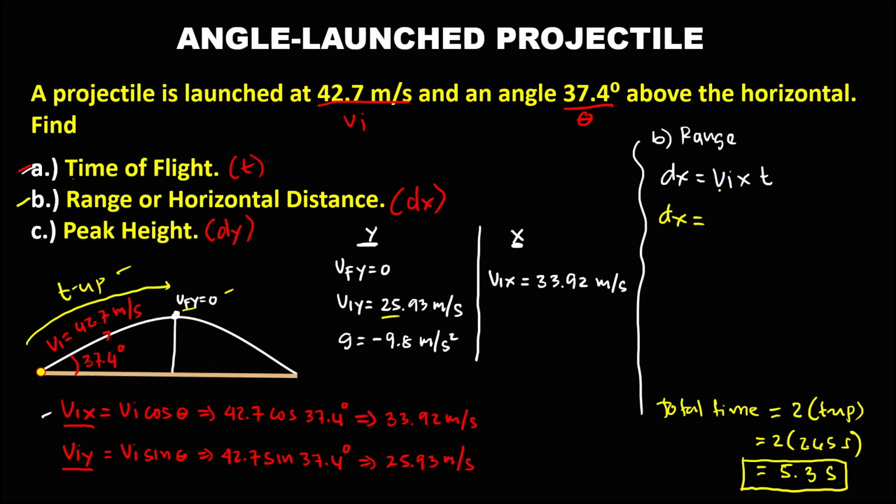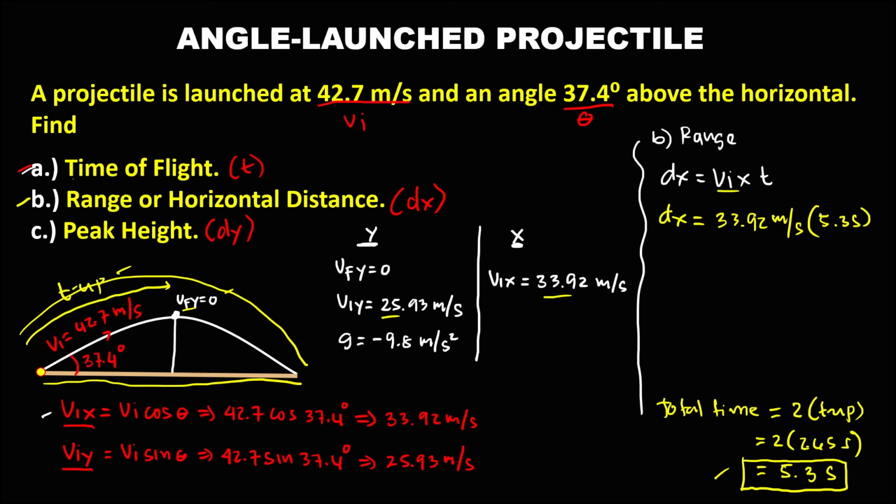The initial velocity for x is 33.92 meters per second times the total flight time. Because this is the range, we need this total flight time, that's 5.3 seconds.